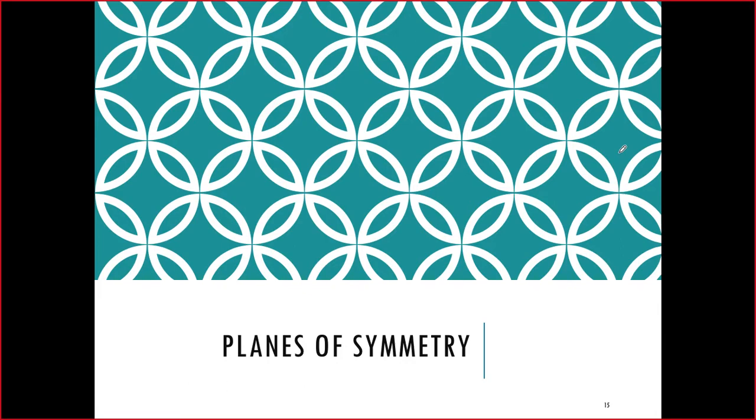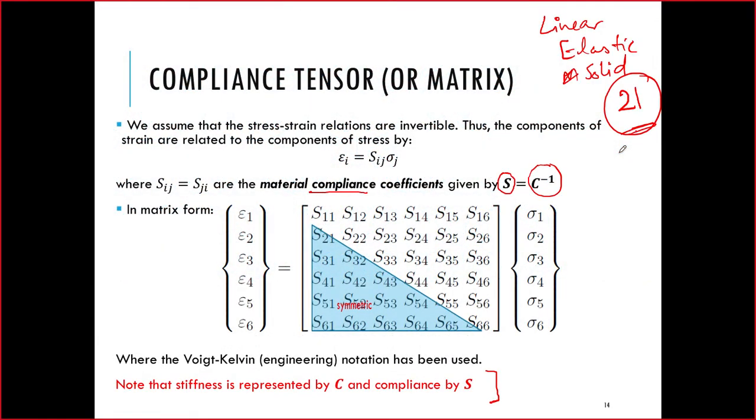And the main aspect of what causes this to happen is that within some materials, the material itself tends to have some symmetry. Okay, so it means that the material behaves in the same way, perhaps in one direction. Because of that, our 21 components start to get reduced even more.